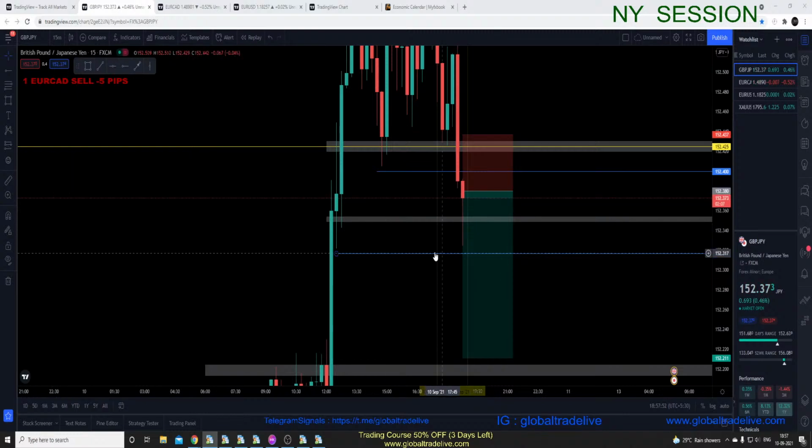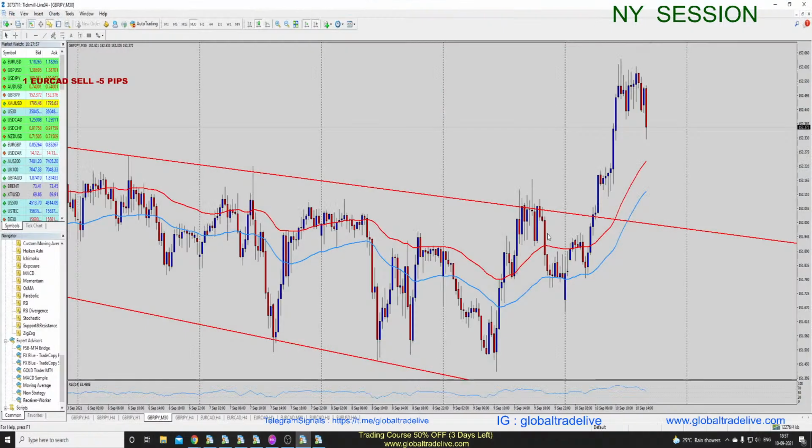So now I'm going to wait and see how this candle closes. Actually, I want to see how this 30-minute candle and 15-minute candle will close, because the way it's moving down, it really has to go down. So I'm going to wait here and see how this candle closes.